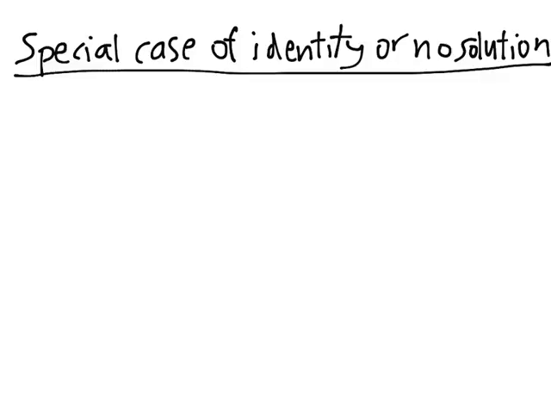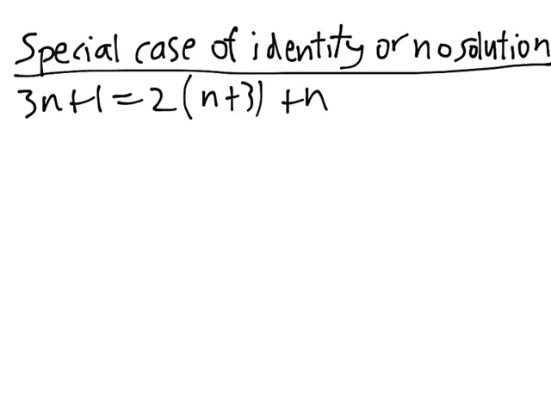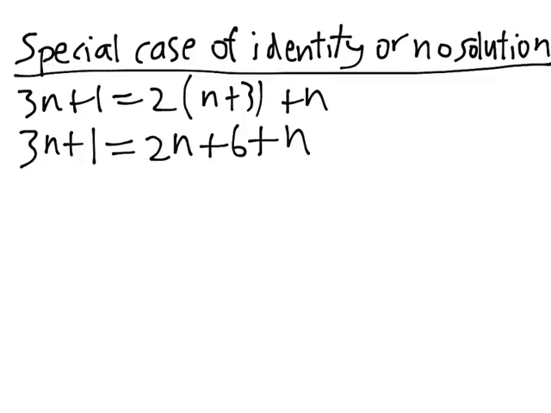Sometimes you will see equations where all values of the variable solve the equation. In this case, it is called an identity, or where no values solve the equation. For example, if we have 3n plus 1 equals 2 times n plus 3 plus n, and we try to solve this equation, we start by using the distributive property to simplify. 3n plus 1 equals 2n plus 6 plus n.